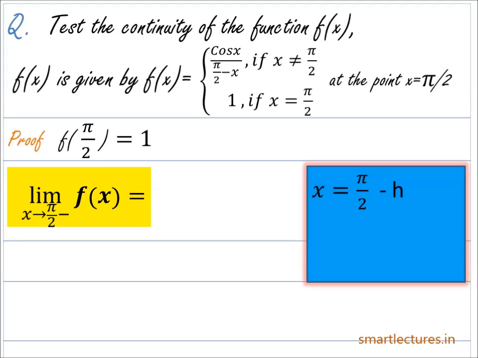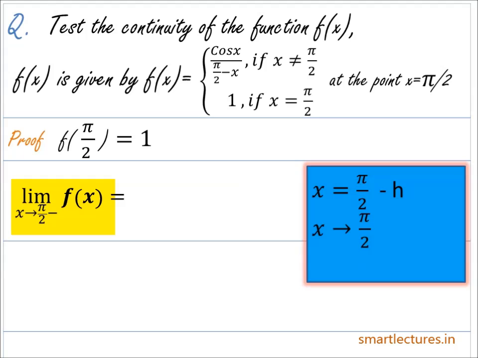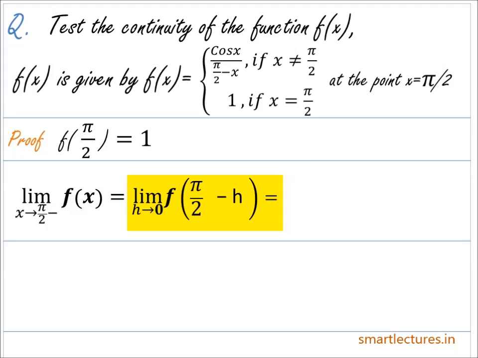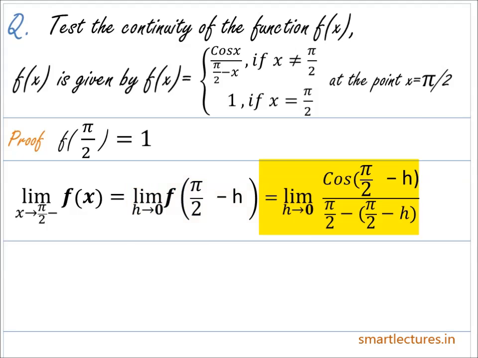And now when x approaches π/2, in that case h will approach 0. So this limit can also be written as the limit as h approaches 0 of f(π/2 − h), and as per the definition of the function, this is equal to the limit as h approaches 0 of cos(π/2 − h) upon (π/2 − h).